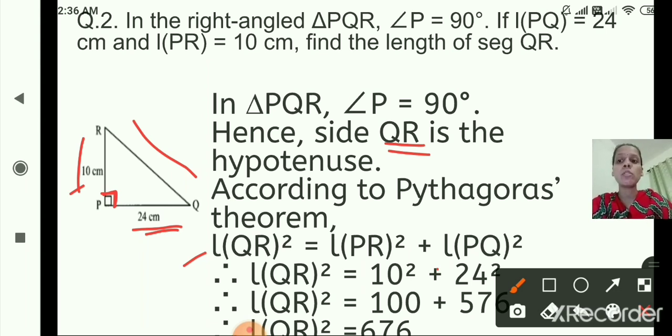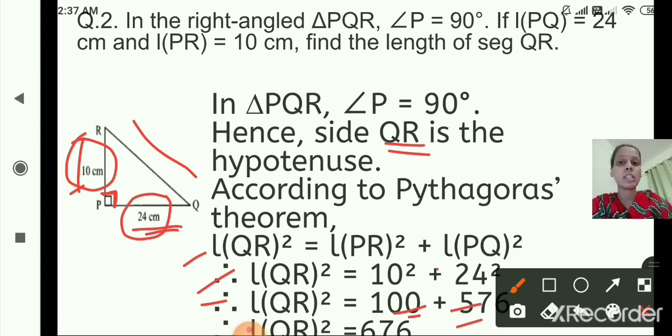Now put the values. Length of QR square, which we have to find out, is equal to 10 square plus 24 square. PR is 10 and PQ is 24. Now we'll do the squares. 10 square is 100 and 24 square is 576.